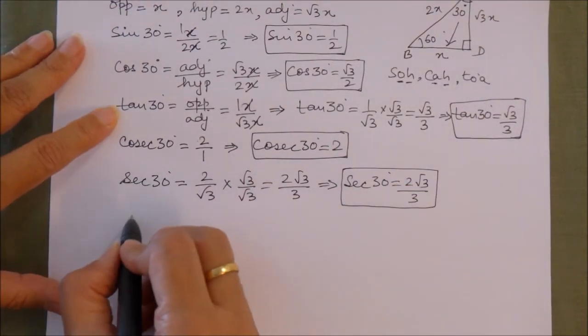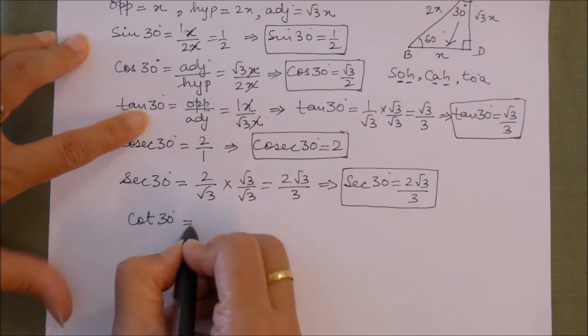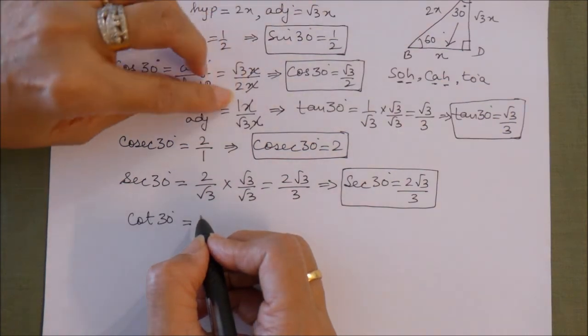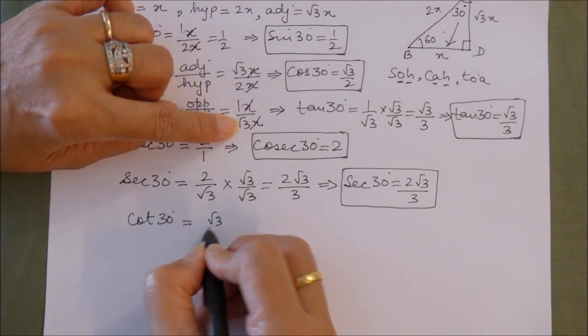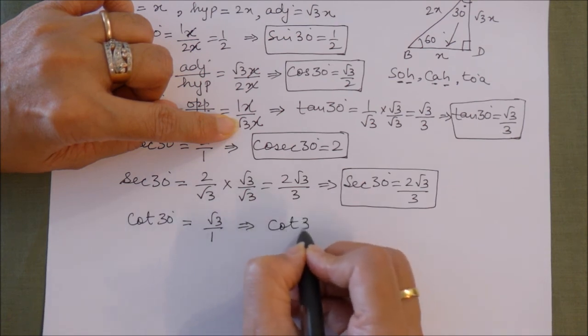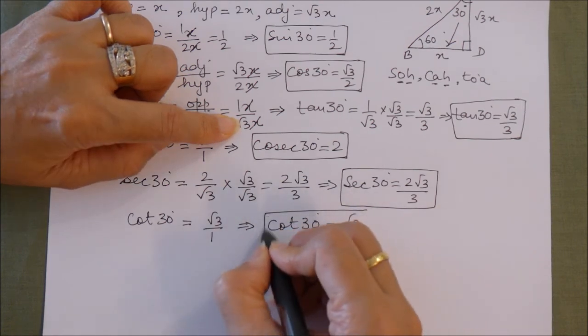Then the reciprocal of tangent is cotangent 30 degree. So tangent is root 3 upon 3, or from here we write it as 1 over root 3. The reciprocal will be root 3 over 1. So that means cotangent 30 degree is root 3.